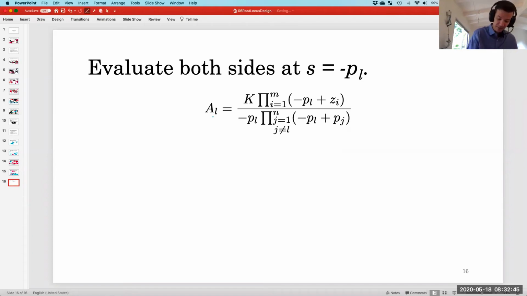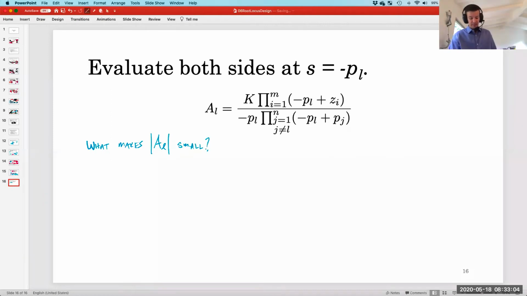And so now I think we're able to answer the question: what makes A sub L, let's say in magnitude, small relative to other residues? What do you think here?